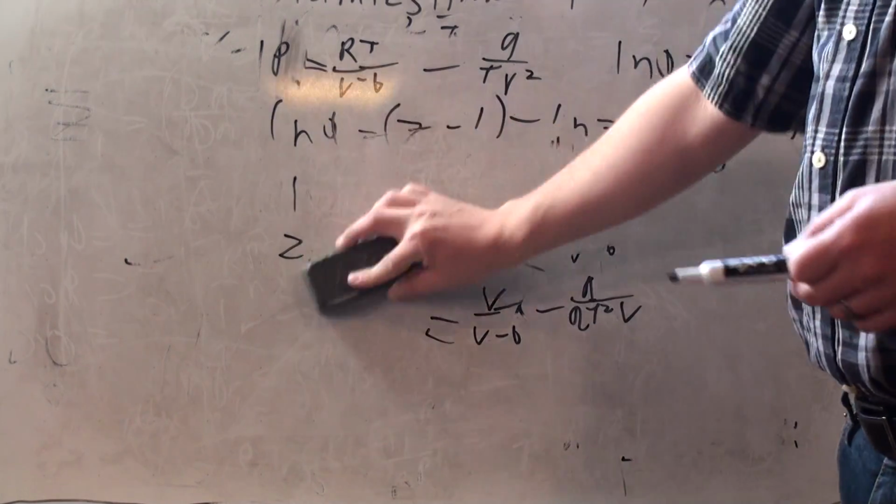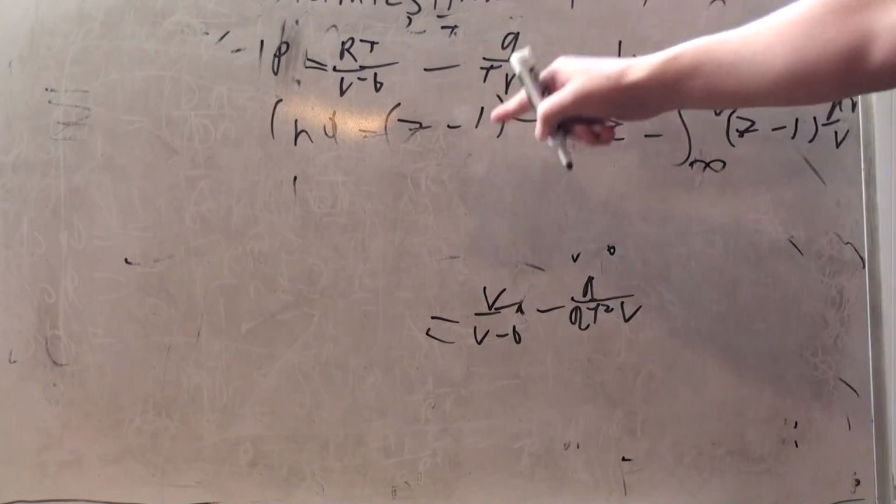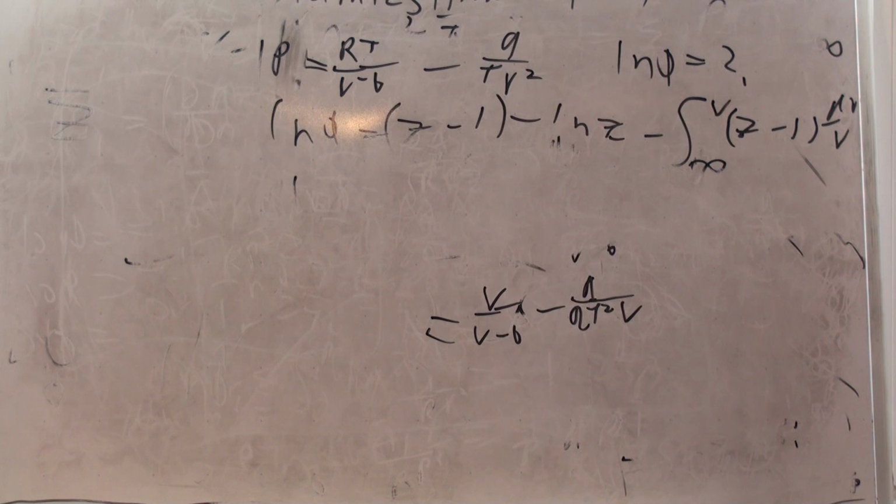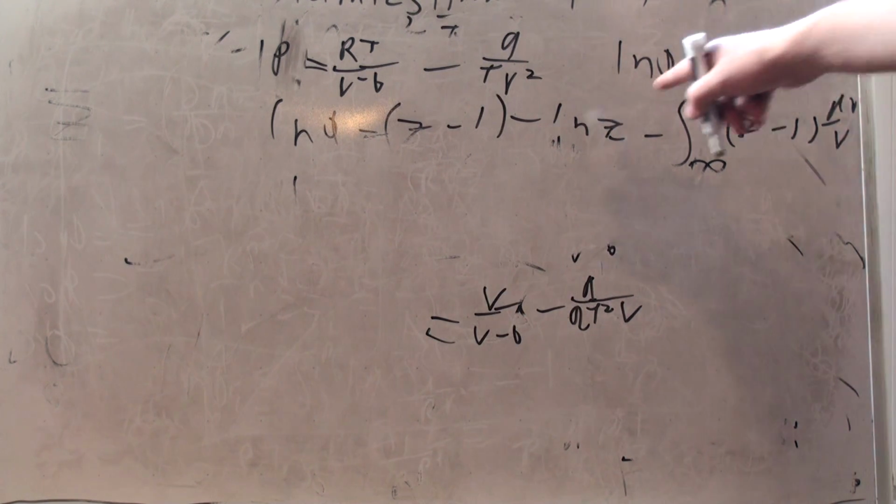Let's erase that stuff and plug it in. With the z minus 1, I could clean that up, but sometimes I just want to leave it as z minus 1. Same thing with this z. Really what I want to plug into is just the integral. If I'm already going to calculate z, there's no need to clean things up, especially that natural log of z.